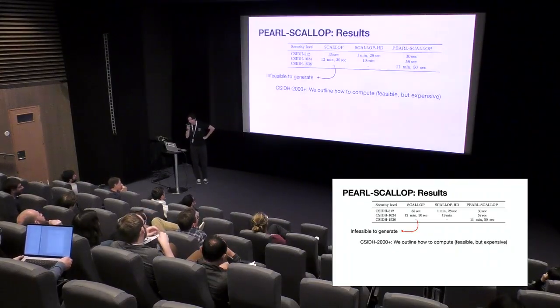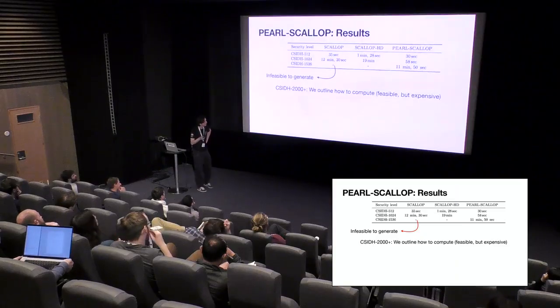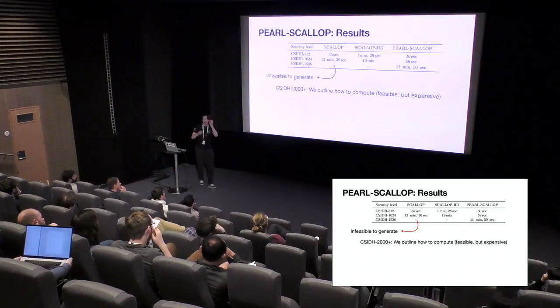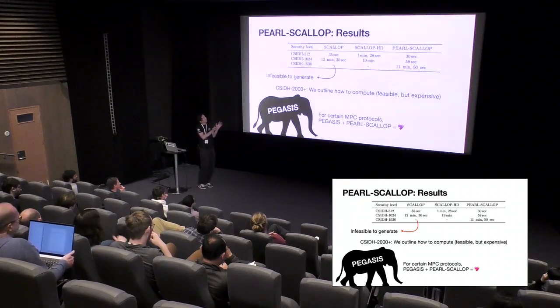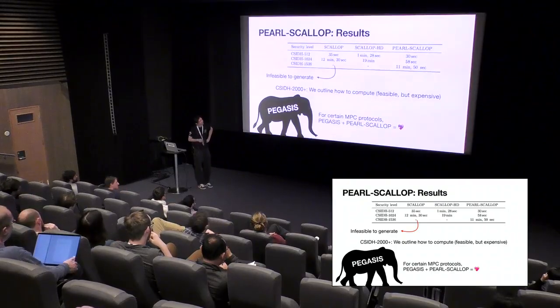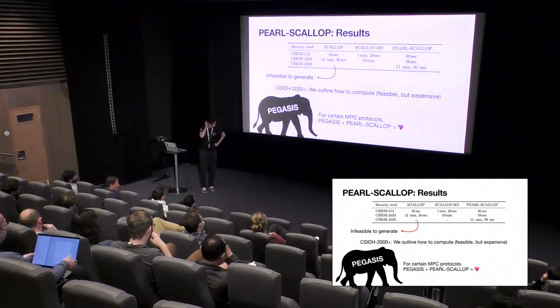The last word I wanted to mention is something that Ricardo also mentioned. If you're very up to date on the literature on group actions, there's an elephant in the room, which is this new protocol, Pegasus, which came out very recently. At first glance it seemed to knock these Scallop versions out of the park in terms of timings.